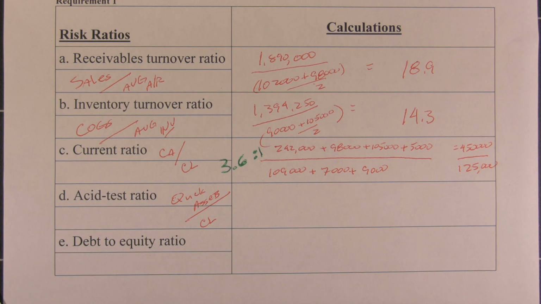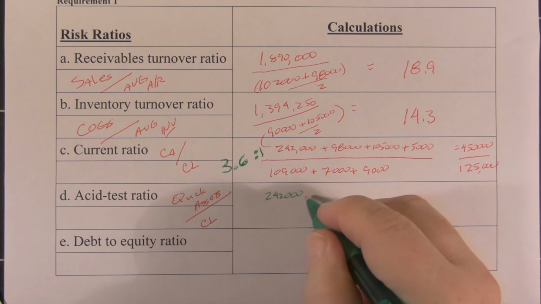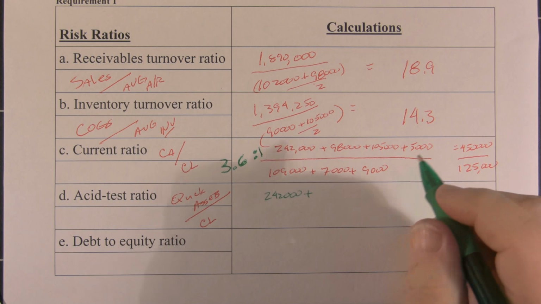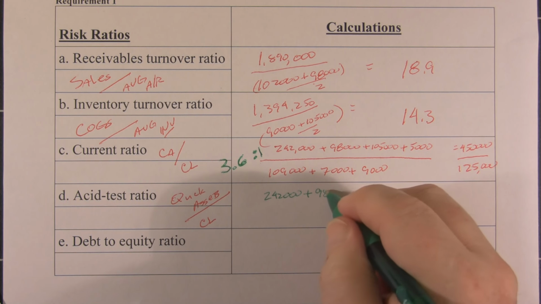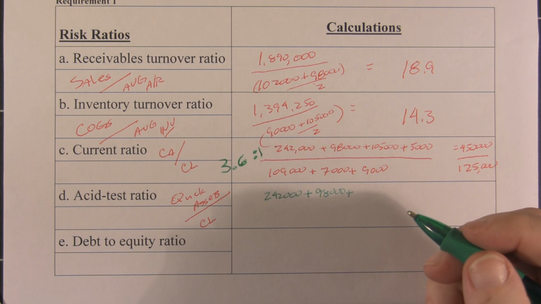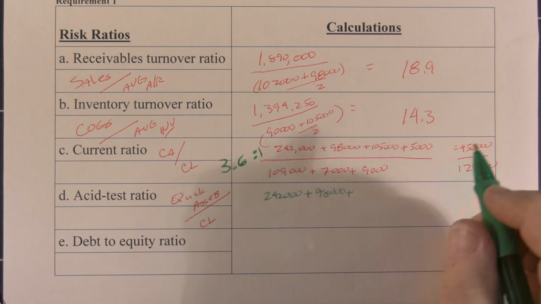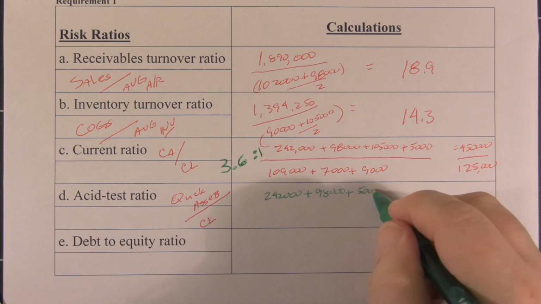Okay, the acid test includes the same sorts of things except it leaves out the inventory. So we're still going to have our cash, 242, and our accounts receivable of 98. We are not going to have our inventory of 105 because that's not really a quick asset. It takes some time to sell that, but we will have our short-term investment of 5.